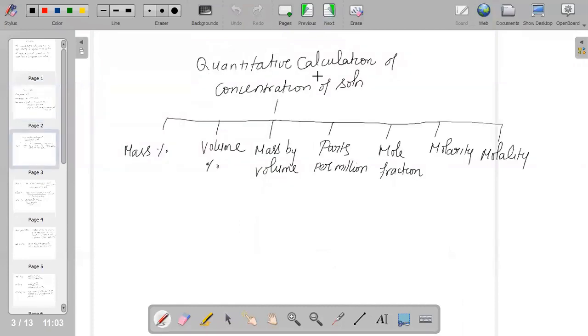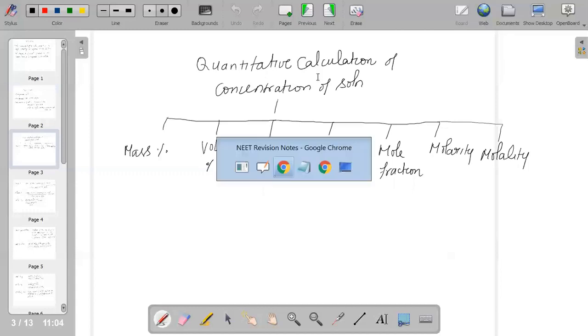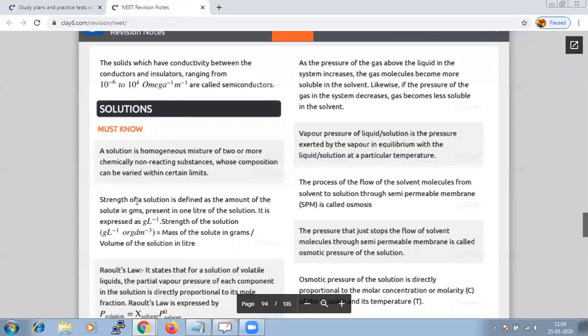Since we are talking about concentration of solution, there are different ways to calculate the concentration of a solution quantitatively. When we say concentration, we start talking about the strength of the solution, which is defined as the amount of solute in grams present in 1 liter of the solution.